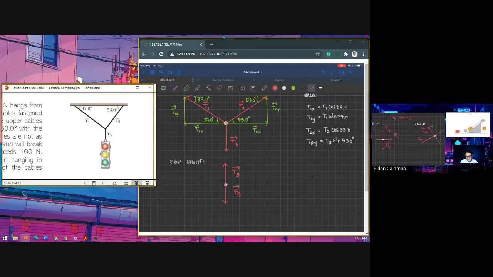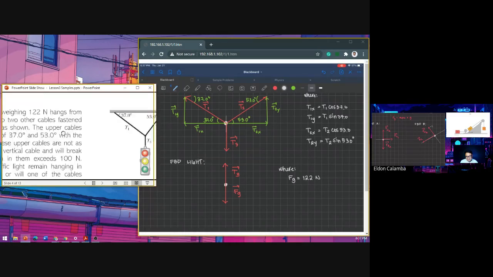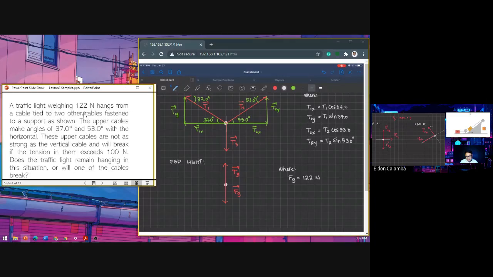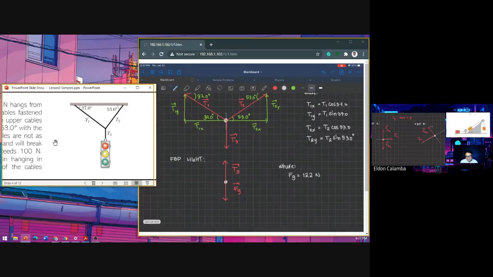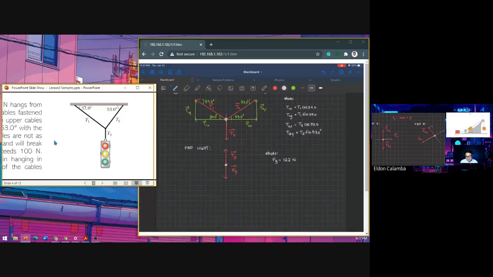Ayan. So, meron nang binigay na weight sa atin, weighing 122 Newton. Ayan. A traffic light weighing 122 Newton. So, we can now solve for our T1 and T2.